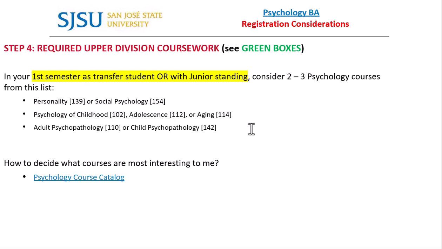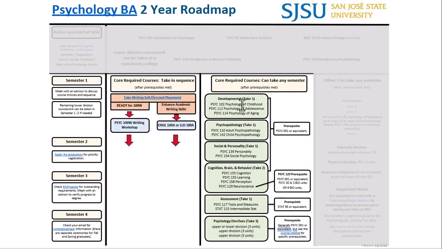The reason that we suggest these classes is because if we go back to the figure here, these are the classes in the first 3 of what we call bins of our upper division required classes: 1 in developmental, 1 in psychopathology, and 1 in social or personality. So in your first semester as a transfer student or with junior standing, these are the classes that we suggest that you choose from.